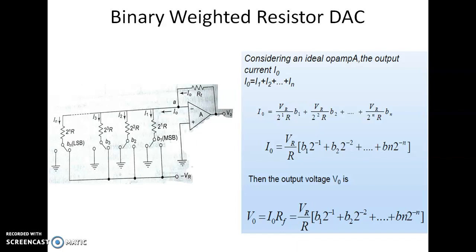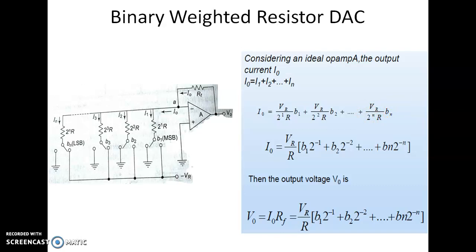Since the current going into the op-amp terminal is 0, I0 is equal to I1 plus I2 plus IN. So we can write I0 is equal to VR upon 2^1 R into B1 plus VR upon 2^2 R into B2 plus VR upon 2^N R into Bn.